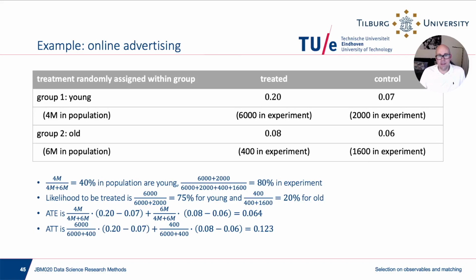So what that means is that in the experiment, I have 6,000 plus 2,000 among 6,000 plus 2,000 plus 400 plus 1,600 young people, and that works out to be 80%. Okay, so 40% in the population and 80% in the experiment are young. That tells you that in this experiment they have already targeted young people. Maybe the underlying idea was that the treatment would work particularly well for young people.